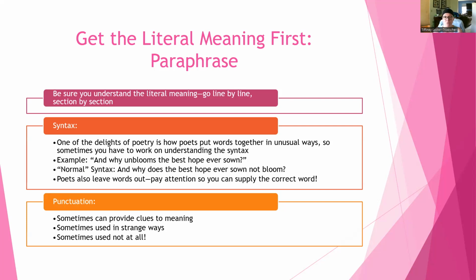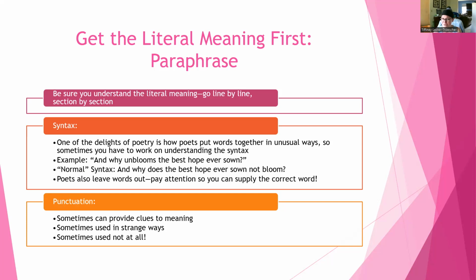Punctuation. Sometimes they don't use punctuation. So when we're reading a short story or a paragraph, we know that a single thought starts at the beginning of a sentence and ends at the period or the question mark or the exclamation point, right? And we could have a complex sentence, a compound sentence that combines 2 or more thoughts, but we still have the punctuation to help us figure it out.